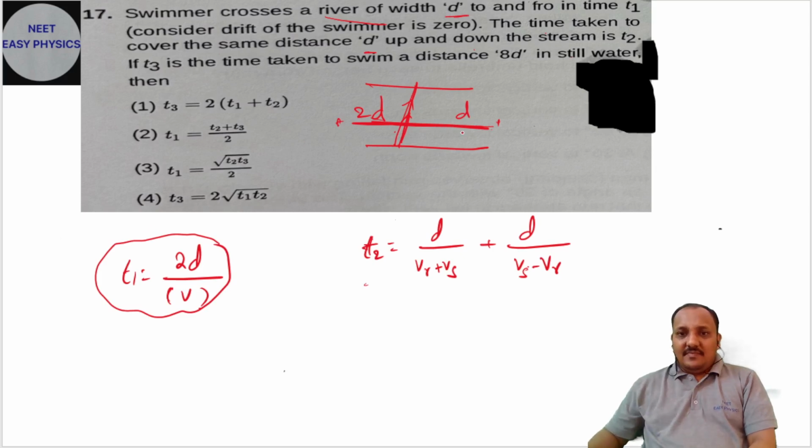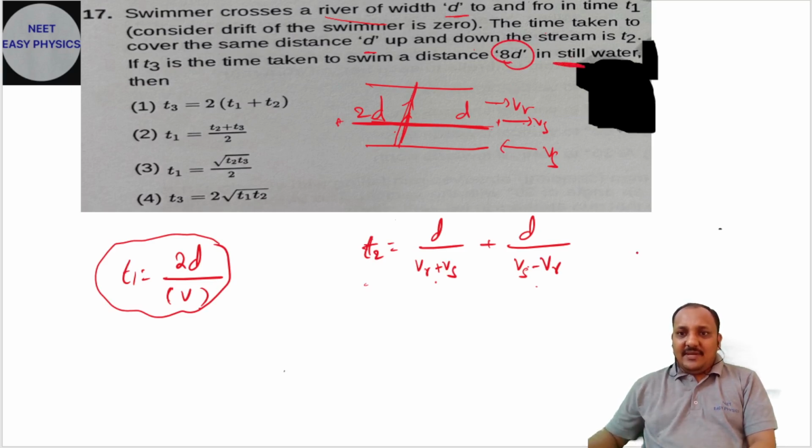Isn't it? When the velocity of river and swimmer are in the same direction, we use plus. Therefore, Vs minus Vr.